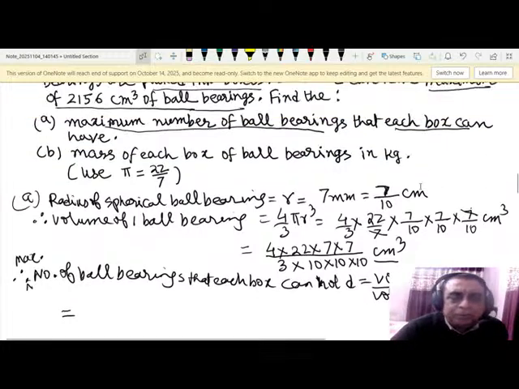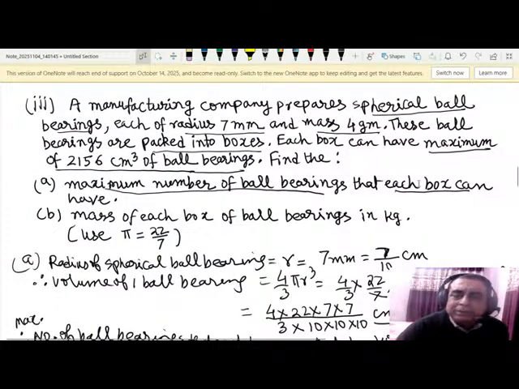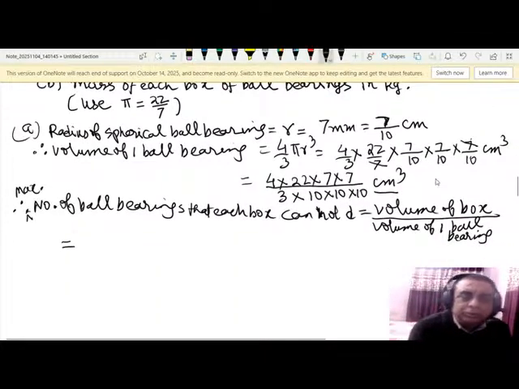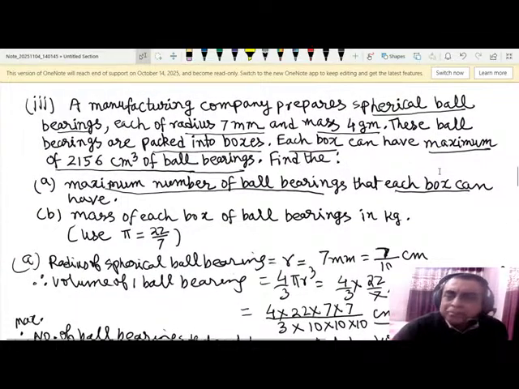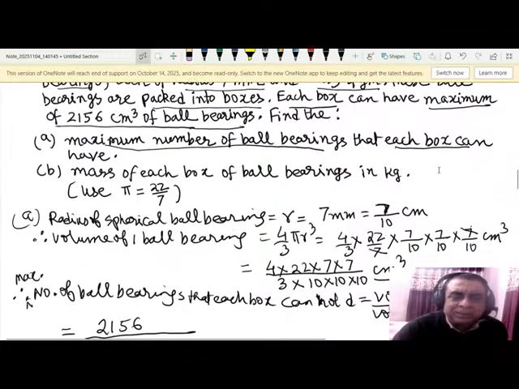So what is the volume of the box given here? It can have a maximum of 2156. This is the maximum capacity of the box, so many centimeter cube of ball bearing the box can hold.